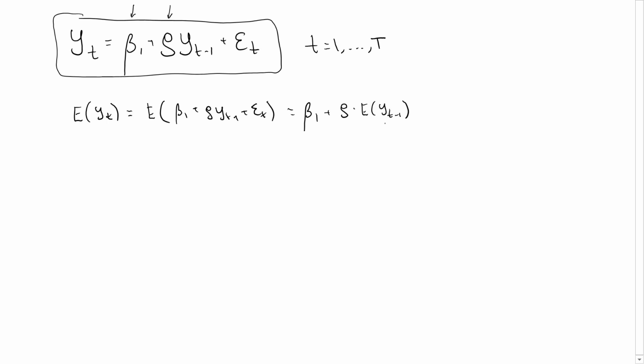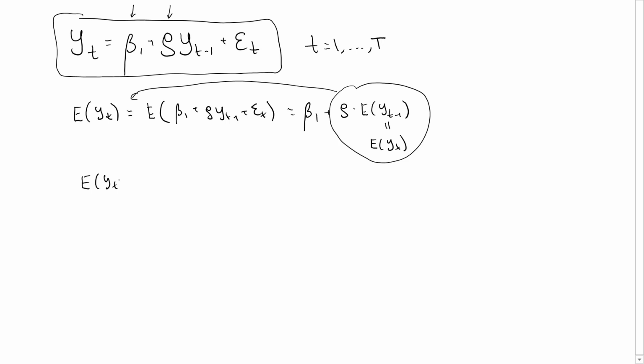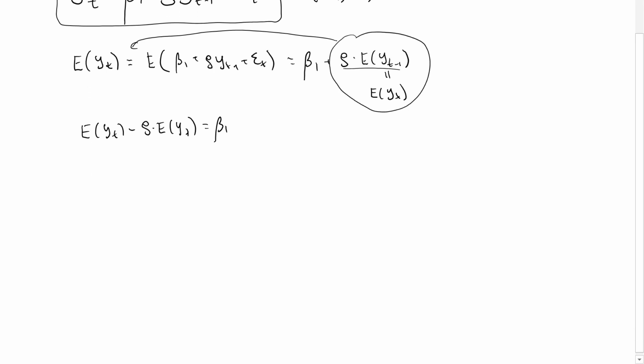Now, if the process is stationary, this must be precisely the same as the expected value of yt. So I can take this entire part, move it to the left hand side, and it says expected value of yt minus, on this side I have rho times expected value of yt equal to beta 1.